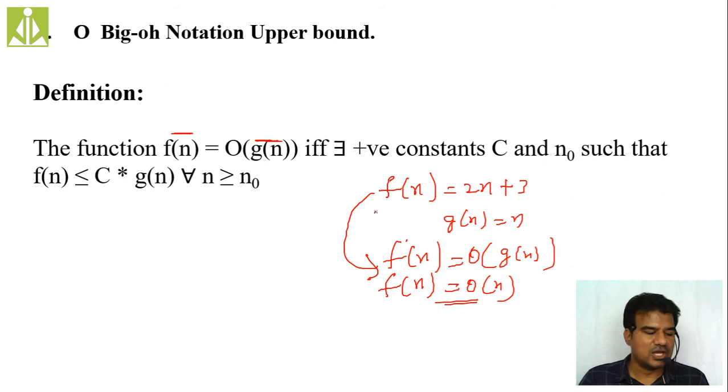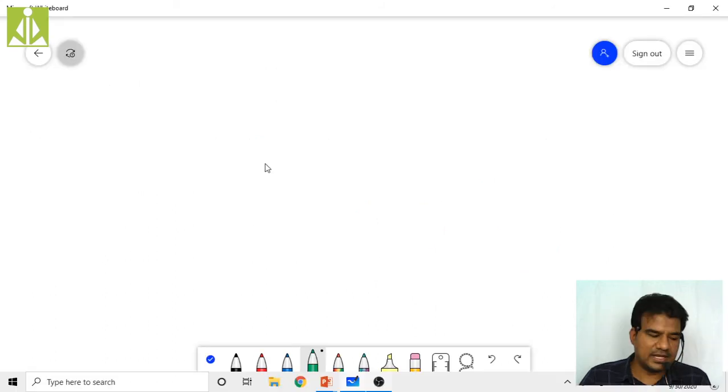Quickly we will discuss an example of how 2n plus 3 satisfies this for all possible constant and n naught values. So take one simple example: f of n equals 2n plus 3. This is our first example, isn't it?